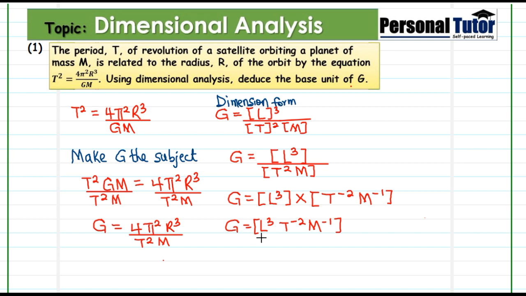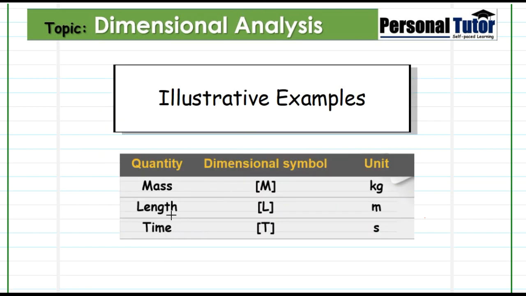We need then convert this to the unit form. But don't forget, I told you from the beginning that the unit of mass with dimensional symbol M is kilogram. Length with dimensional symbol of L is meter.